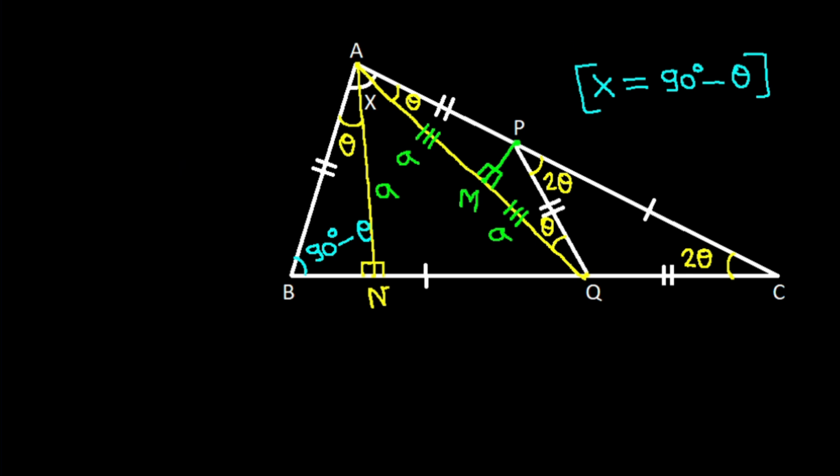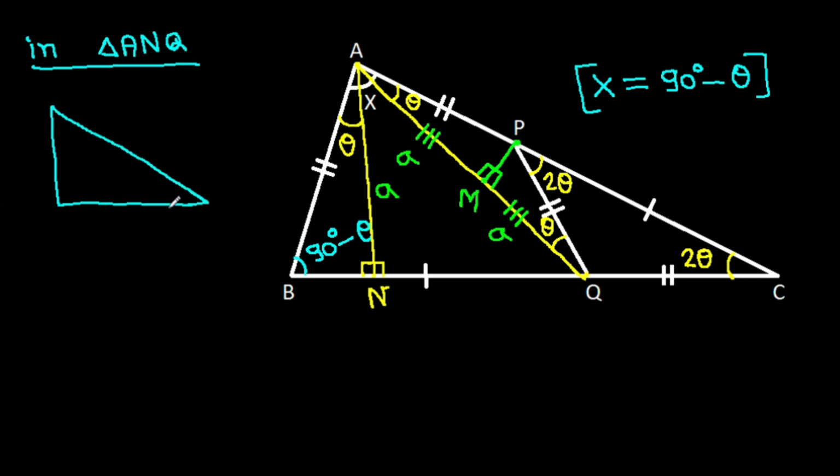And now in triangle ANQ, this angle is 90 degrees. AN is A, AQ is A plus A, that will be 2A.